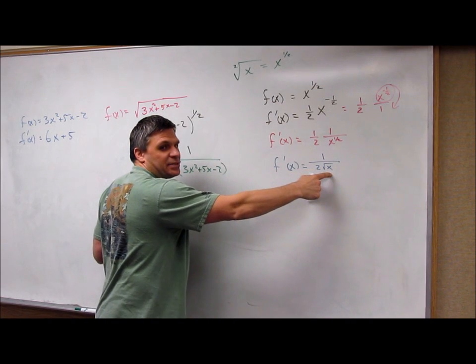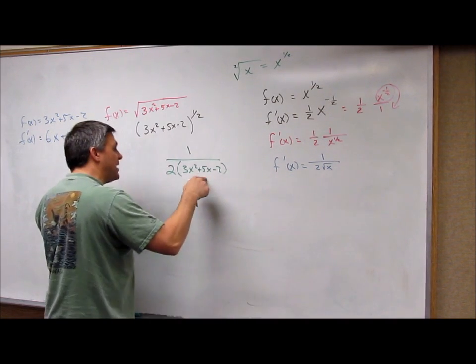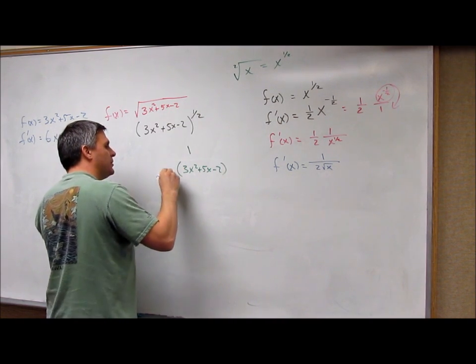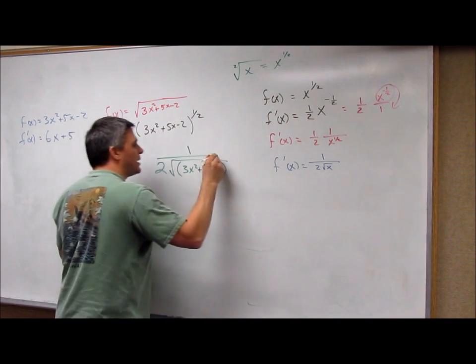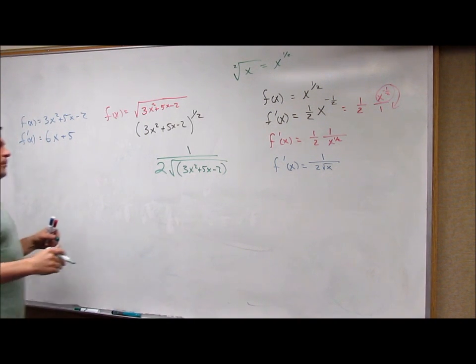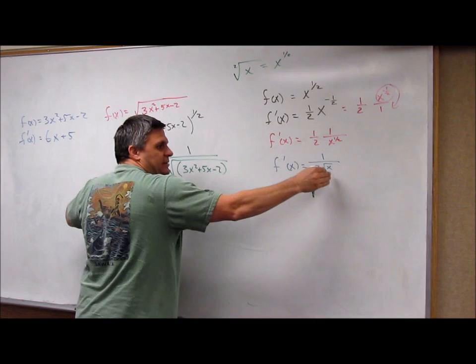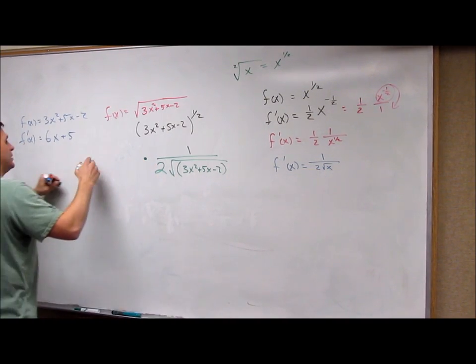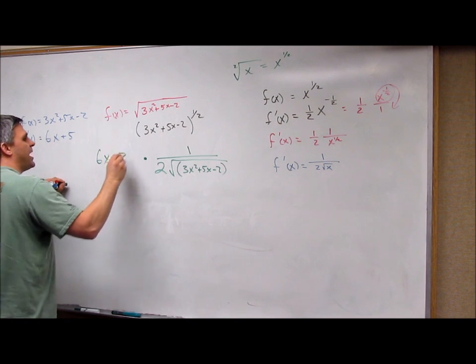But x is actually the square root of that. So let me fit that in there. The square root of that, times this, 6x plus 5.